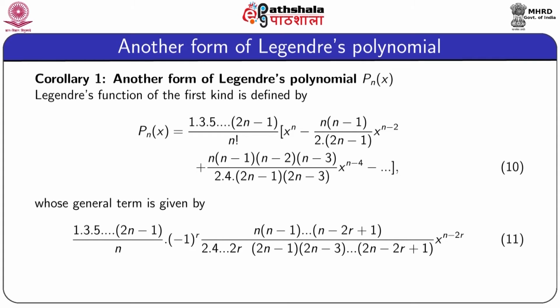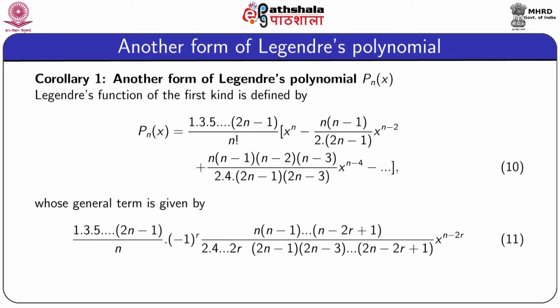The numerator is n into n minus 1 into n minus 2 into n minus 3. If we generalize that, we will be getting n into n minus 1 ... n minus 2r plus 1. In the denominator, you see 2.4 in the third term of expression number 12.